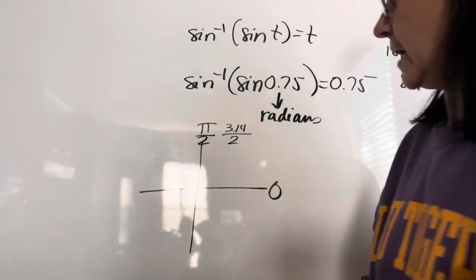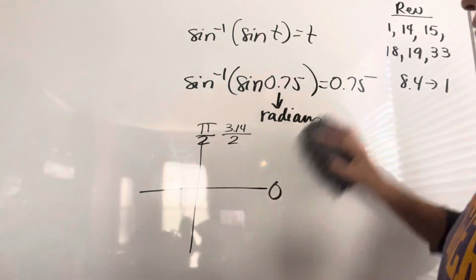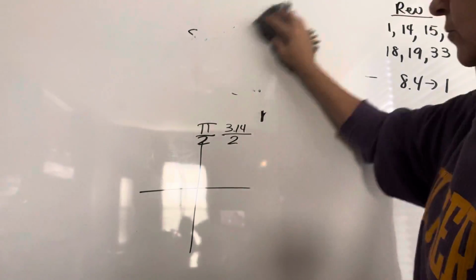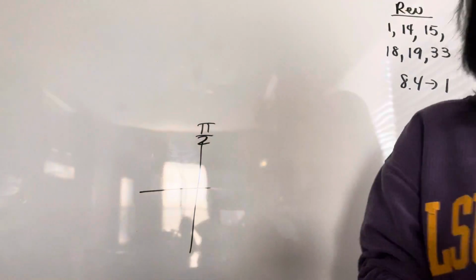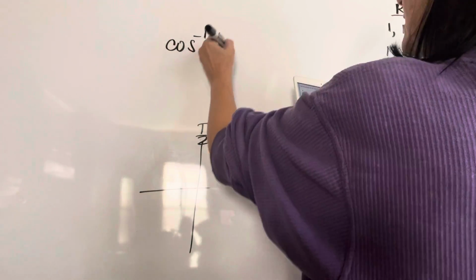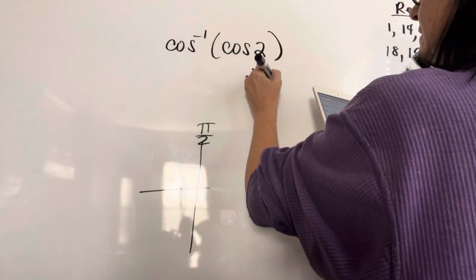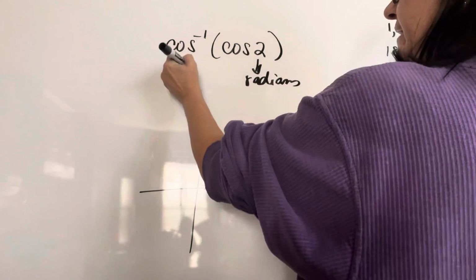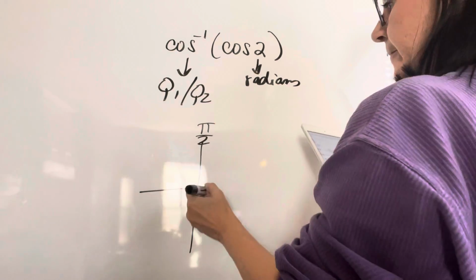15 is the cosine. Okay, for the sine, we're going in quadrants 1. Inverse sine, quadrants 1 and 4. For the inverse cosine, we're in quadrants 1 and 2. All right? So this is number 15. Inverse cosine, cosine of 2. That's my radians. Because when I take the inverse, I've got to be in quadrant 1 or quadrant 2.